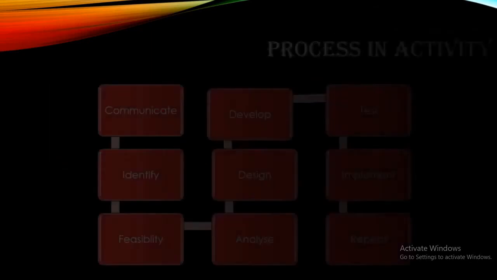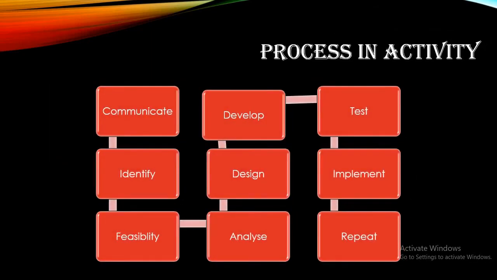Here we have the list of activities that a process has to do. First, it has to communicate with the customer, and then it has to identify the requirements of the customer and check for the feasibility.